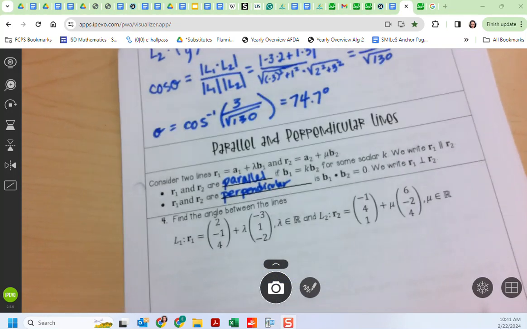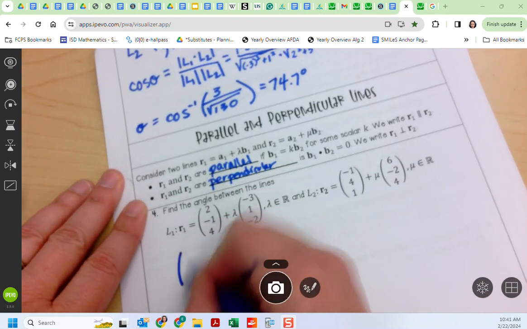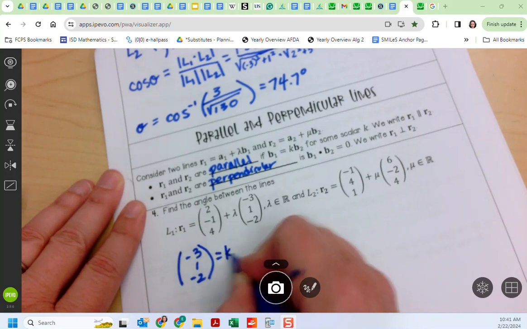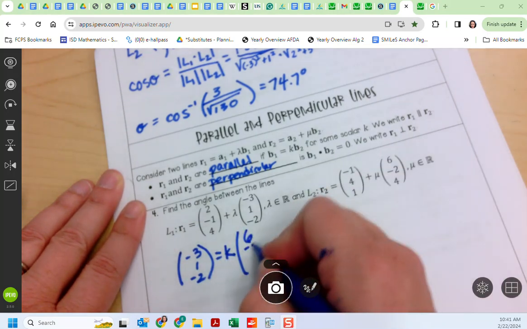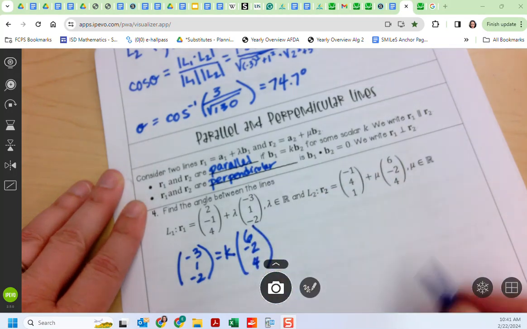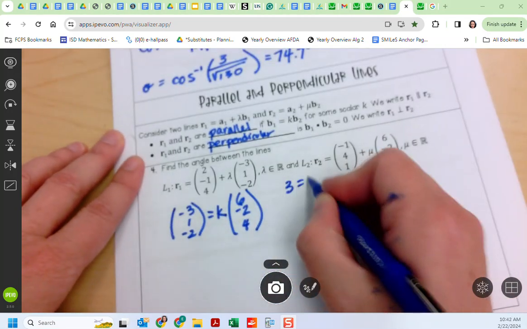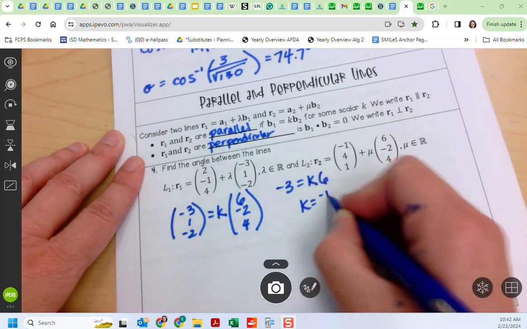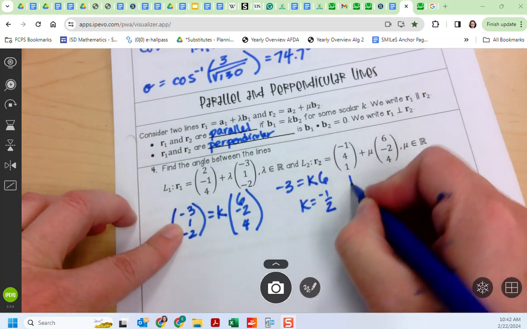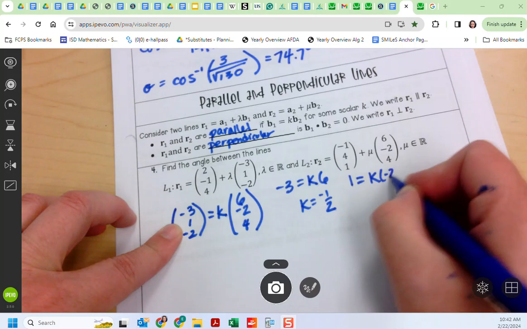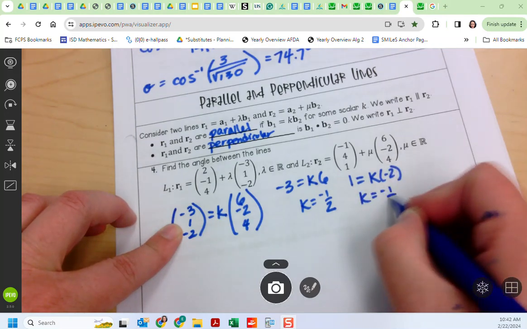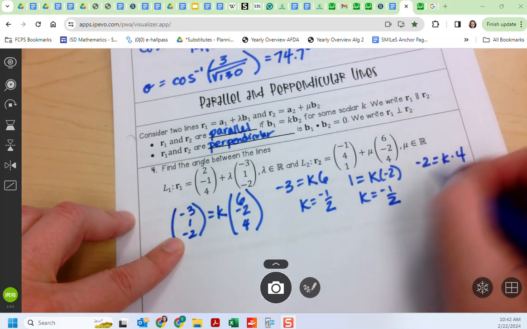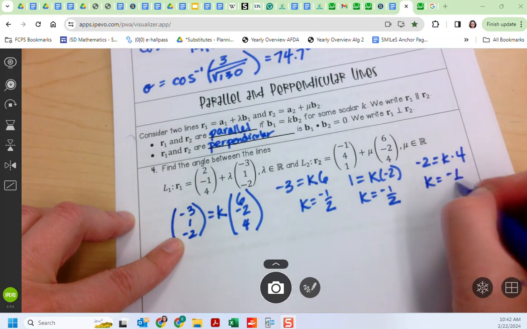But here's what we did. We noticed that (-3, 1, -2) is equal to some k times (6, -2, 4). -3 is equal to k times 6, and we get k is equal to -1/2. And it works for all of them. 1 is equal to k times -2, k is equal to -1/2. -2 is equal to k times 4, and k is -1/2.